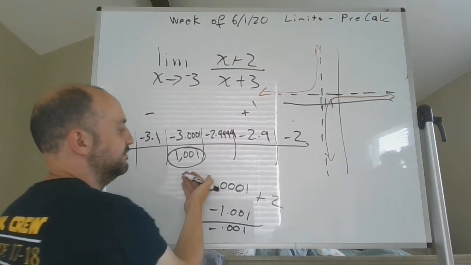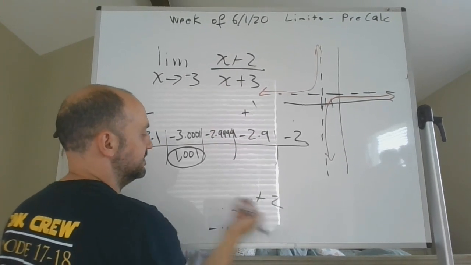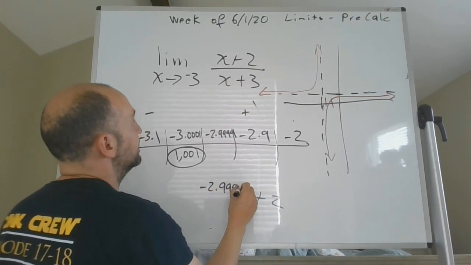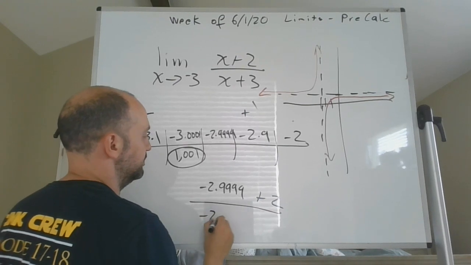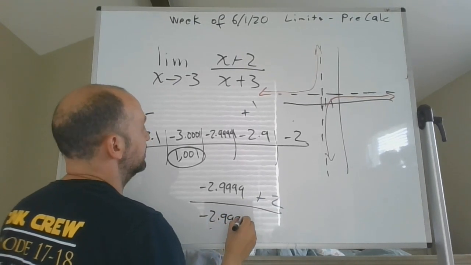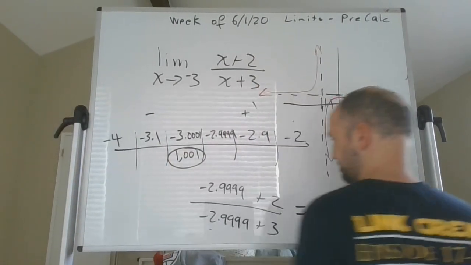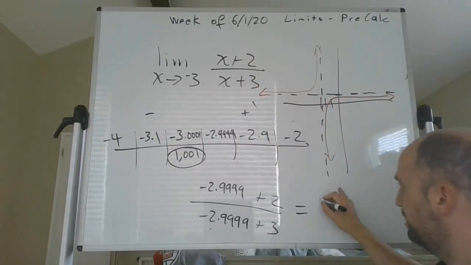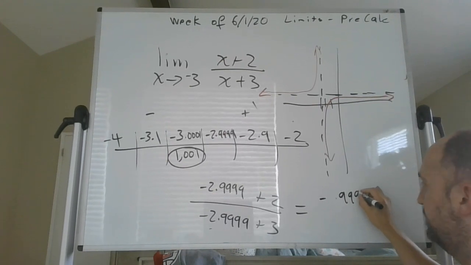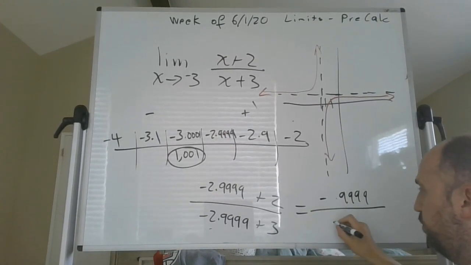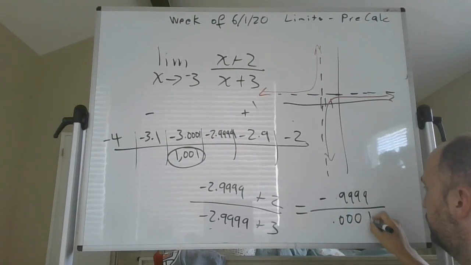Let's plug in negative 2.9999. Let's see what that gets. Negative 2.9999. And then over here, negative 2.9999. Okay, that's going to get us negative 0.9999 over, that's going to be plus 0.0001.